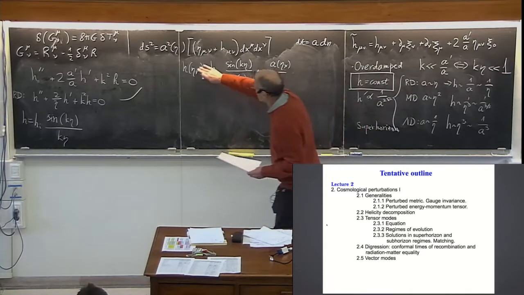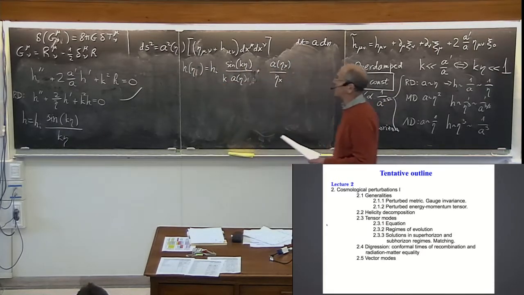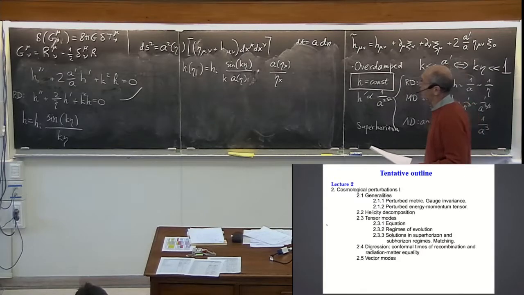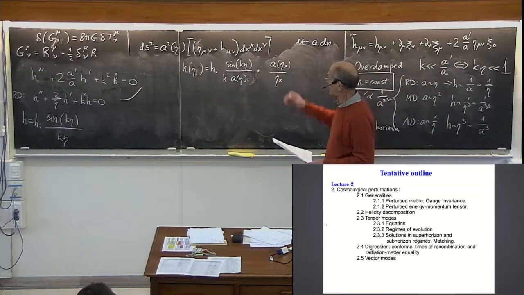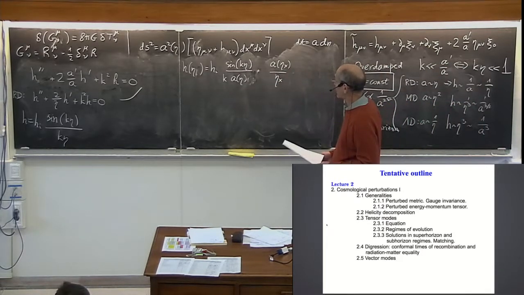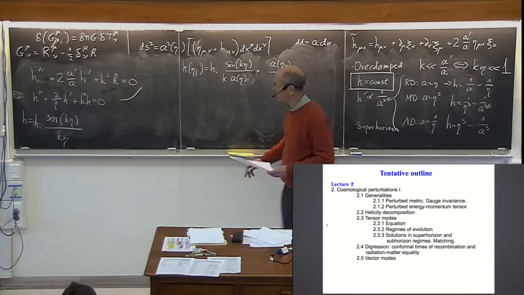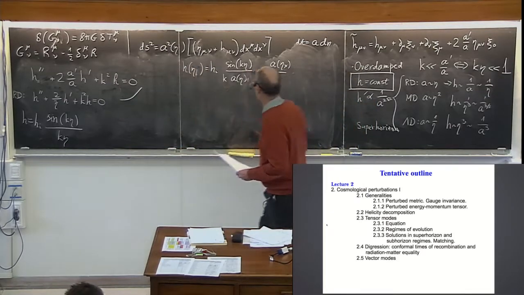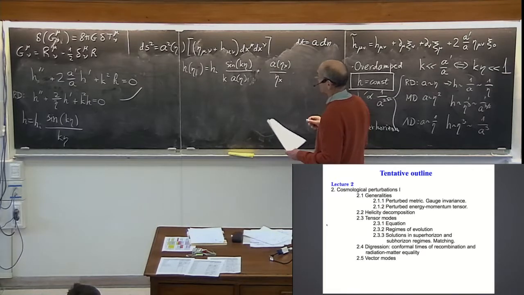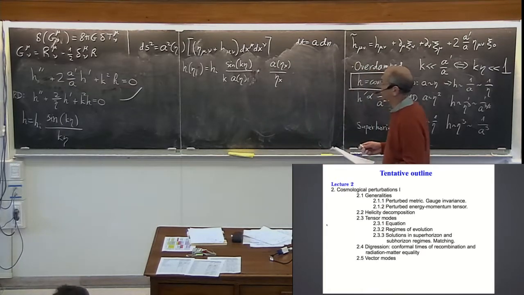So let me first drop this subscript. This is trivial at radiation domination because A goes linearly with eta. So this is the same thing as here, right? Eta crossing is sometime at radiation domination. Doesn't matter which time.